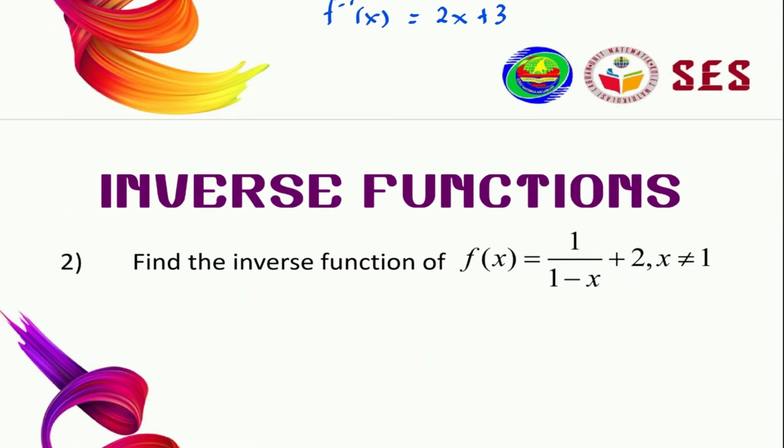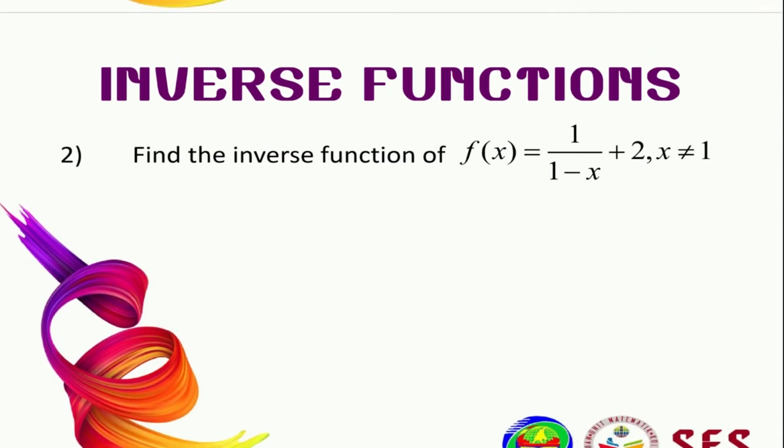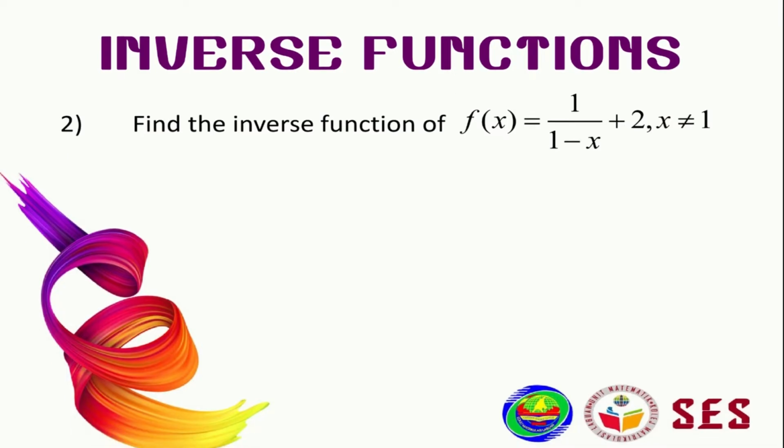We need to find the inverse of f(x) equals 1 over (1 minus x) plus 2, supposing that x is not equal to 1. Again, by using the property, we know that f composed with f inverse(x) should give us x only. What we are trying to do is replace this x here with f inverse, make it equal to x, and rearrange to get f inverse as the subject.